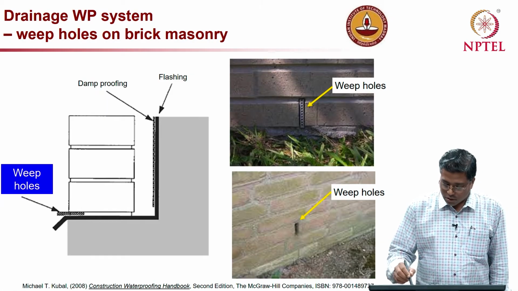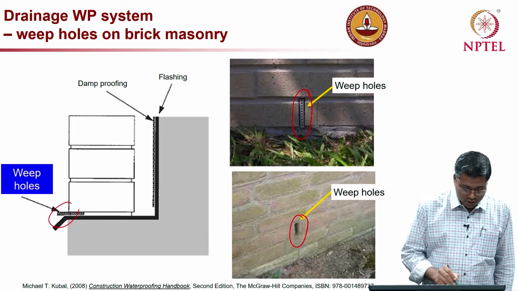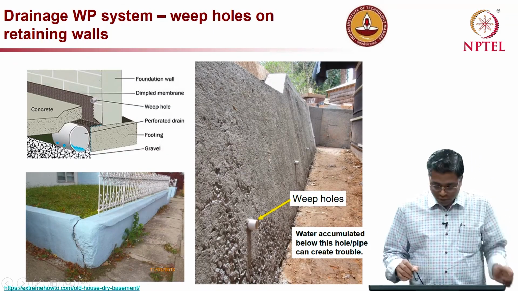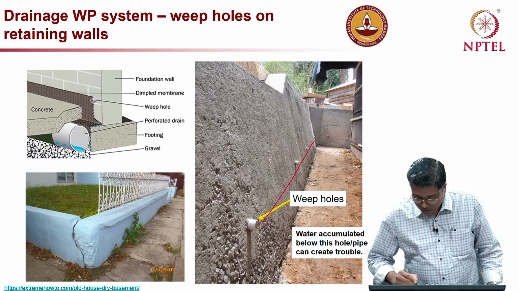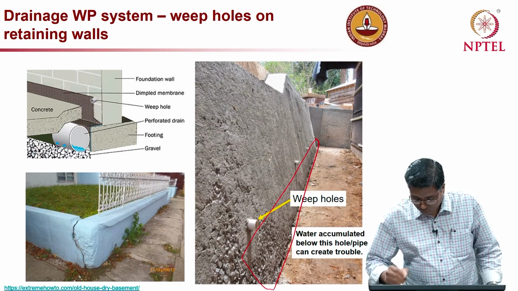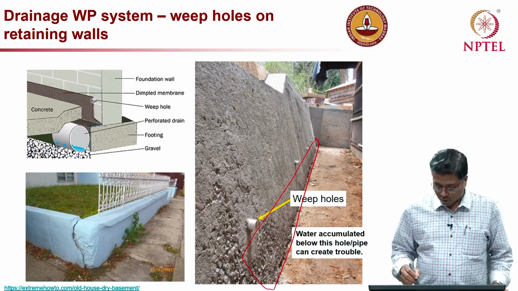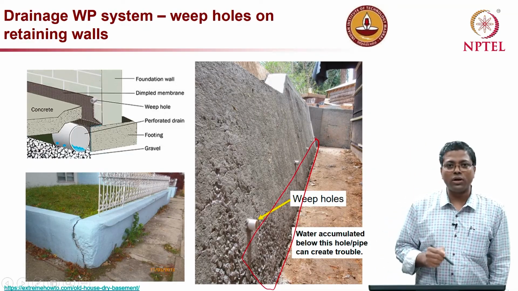Now, for weep holes, these are examples of weep holes which we showed, as you can see here, and one more photograph I will show about this. Look at this weep hole. What about this? If there is water collected below the weep holes, what you see on the right side is not a good system.